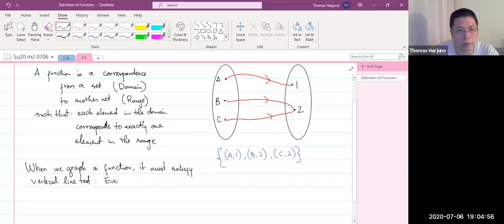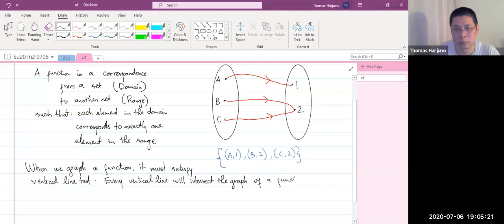Every vertical line will intersect the graph of a function at most once. We will see this phenomenon later on.